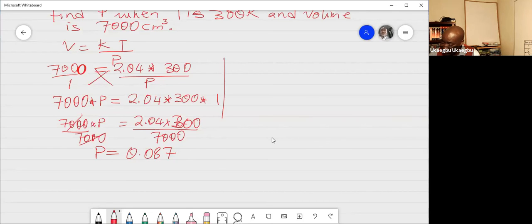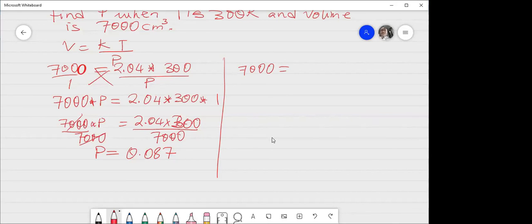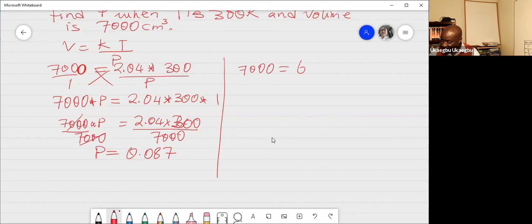So if we did that, it would have been 7,000 equal to 2.04 multiplied by 300, which is 612, over P. And you will still have to do the cross multiplication.